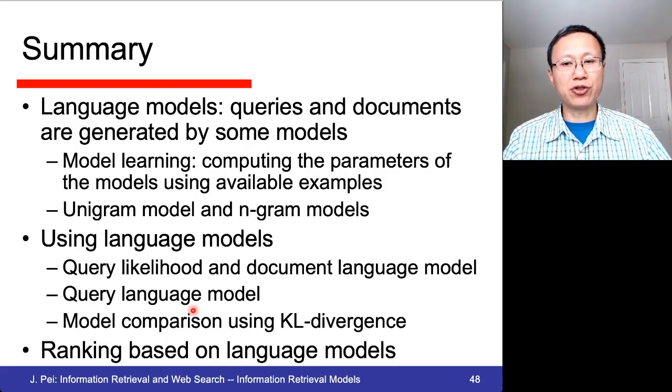And we talked about how to generate such models, how to learn those models from data. And then we focused on the unigram model and also mentioned the idea of n-gram models. And we discussed how to use the language models. We can use the query likelihood and document language models, or use the query language models. And then we may model similarity between two different language models using the KL divergence. Then we can do the ranking based on the language models.